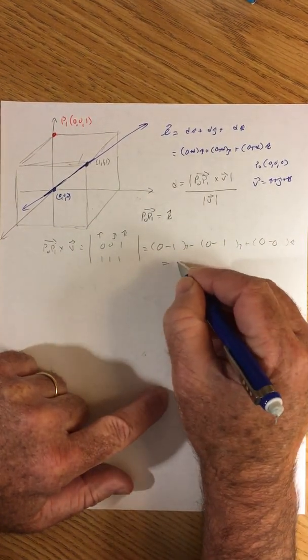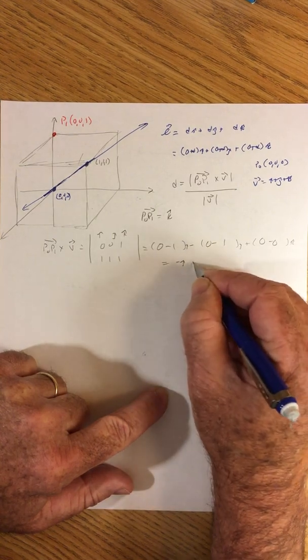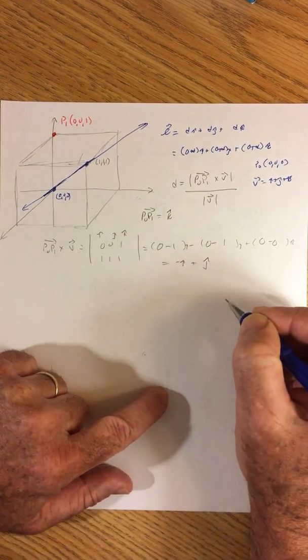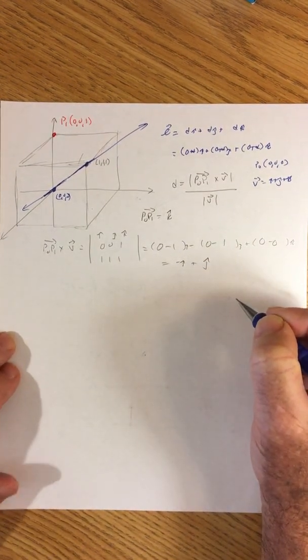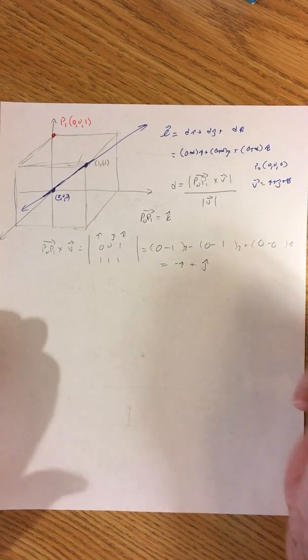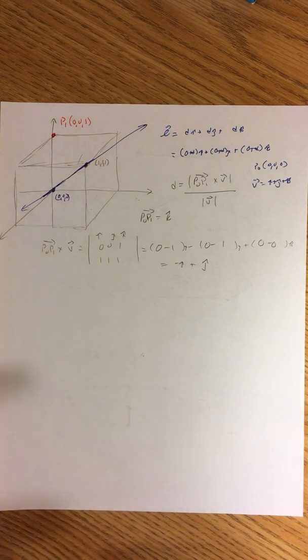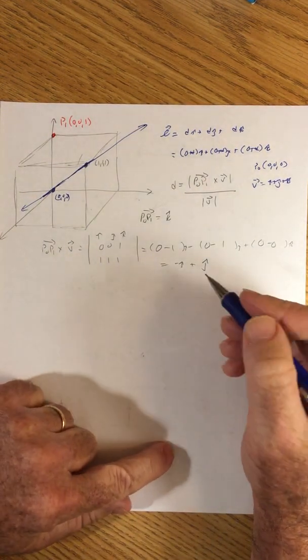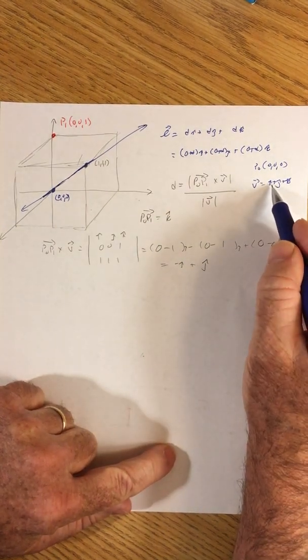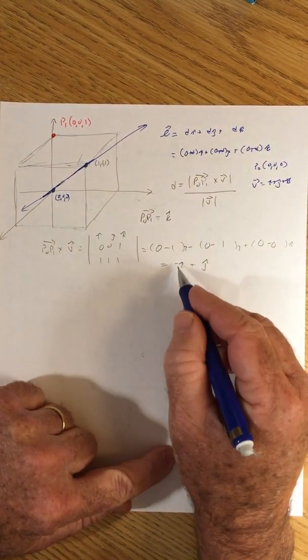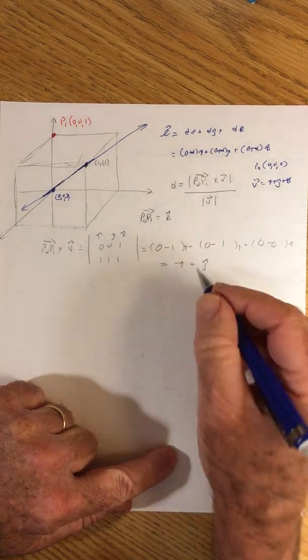So this is negative I plus J. Now, you should be able to visualize that and try to visualize it. I'm not going to spend any time twisting my hands here, but you should try. Okay. And the magnitude of V is pretty easy to see. That is square root of 3. And all right. And okay.